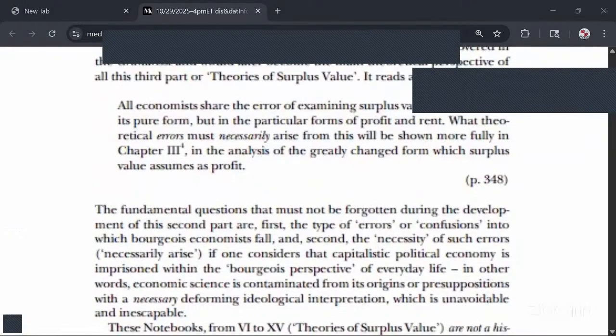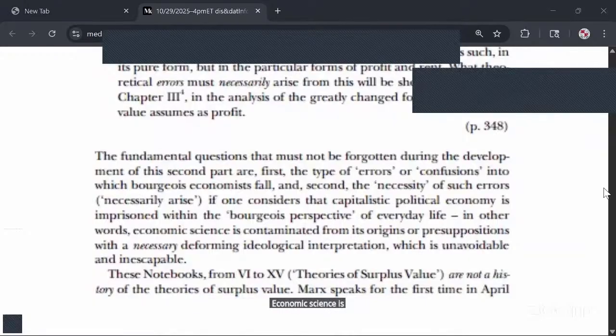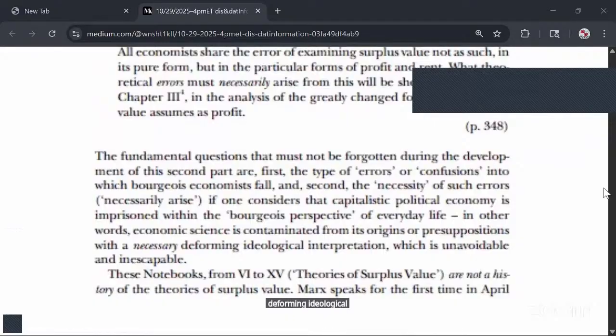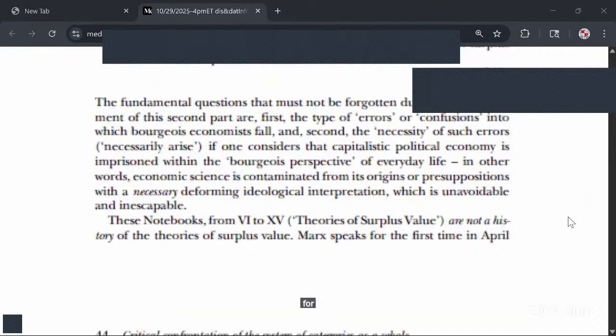They necessarily arise if one considers that capitalistic political economy is imprisoned within the bourgeois perspective of everyday life. In other words, economic science is contaminated from its origins or presuppositions with a necessary deforming ideological interpretation, which is unavoidable and unescapable. In other words, there's context for our fiddling around here.